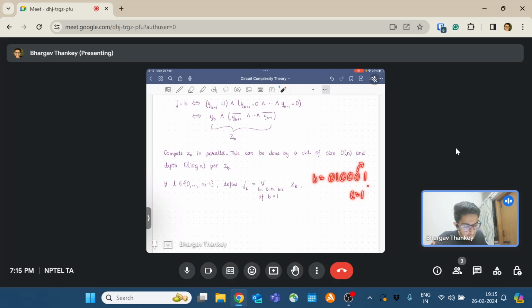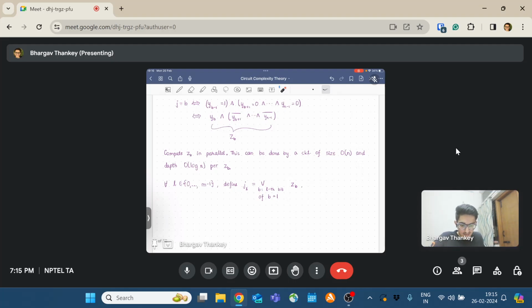Then I won't pick b because the first bit, so I'm calling this the 0 bit, I'm calling this the first bit, the first bit of b is 0, right? So I won't pick b. On the other hand, if this were 1, I would have picked b. So I am going to pick all b's so that the Lth bit is 1, and then I'm going to put Z_b over here. Okay, now let's see why this works. So suppose J_L was equal to b, right?